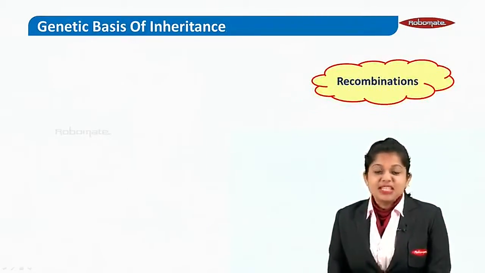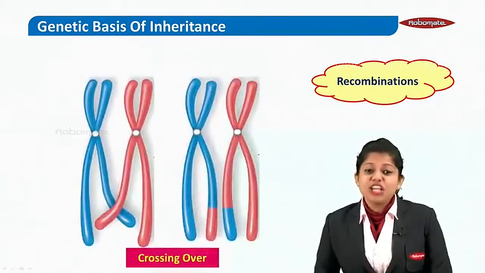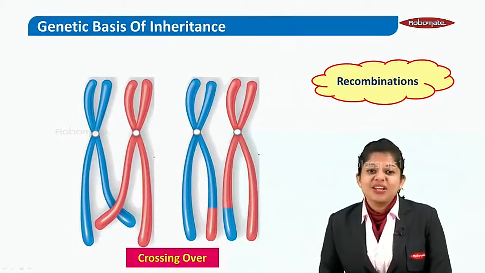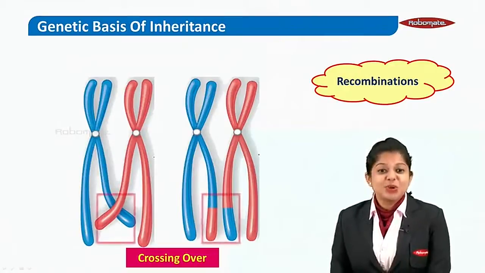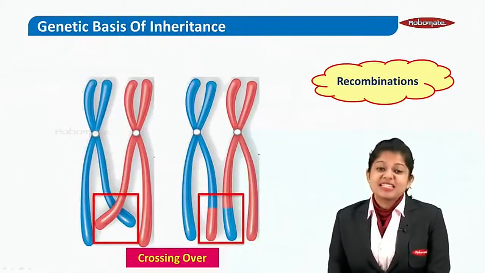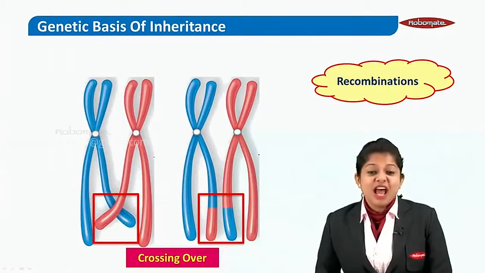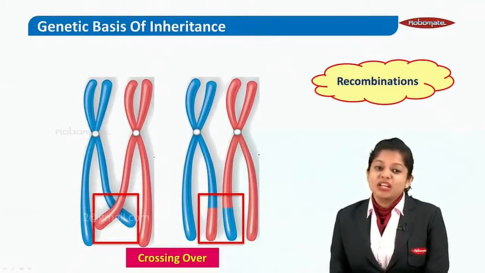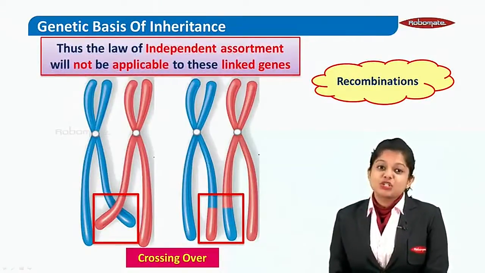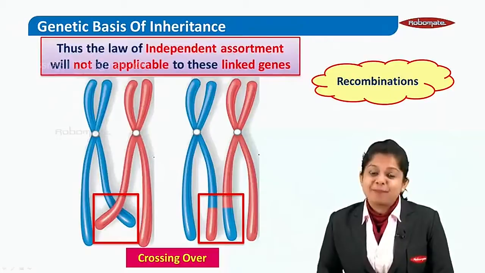However, the recombinations that are seen are thanks to the crossing over that takes place between these chromosomes during meiosis. But in such a situation, when we are having linkage groups or linked genes, then obviously the law of independent assortment will not be applicable.